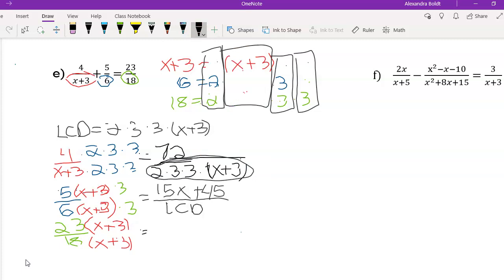So 23 times x is 23x. And 23 times 3 is 69. Over the LCD.